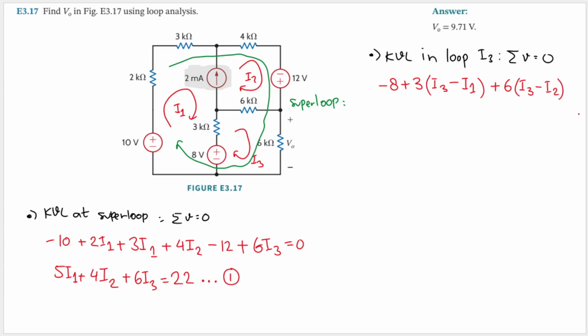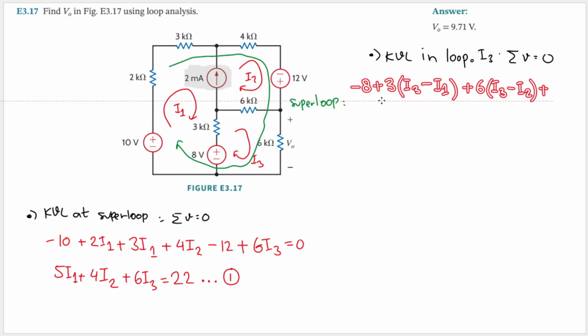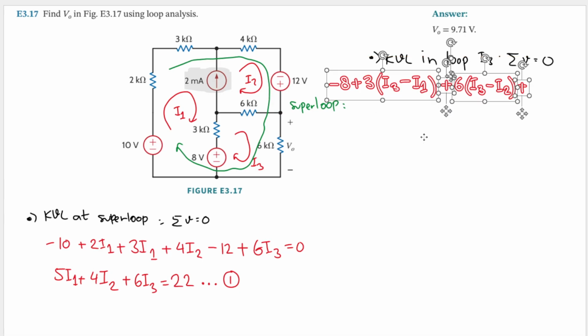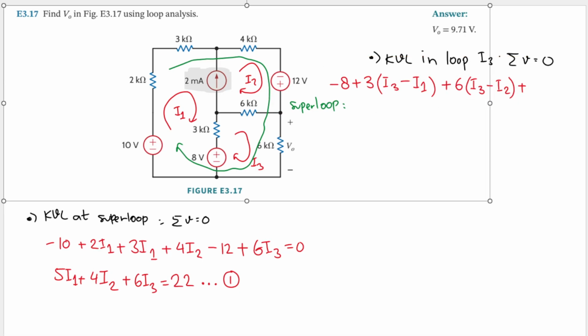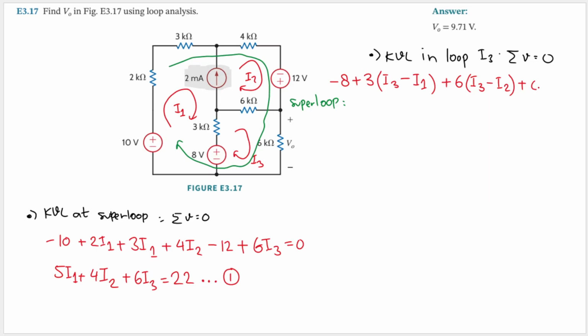And then we will have plus this 6 kilo ohm, so 6 multiplied by I3. That equals 0.